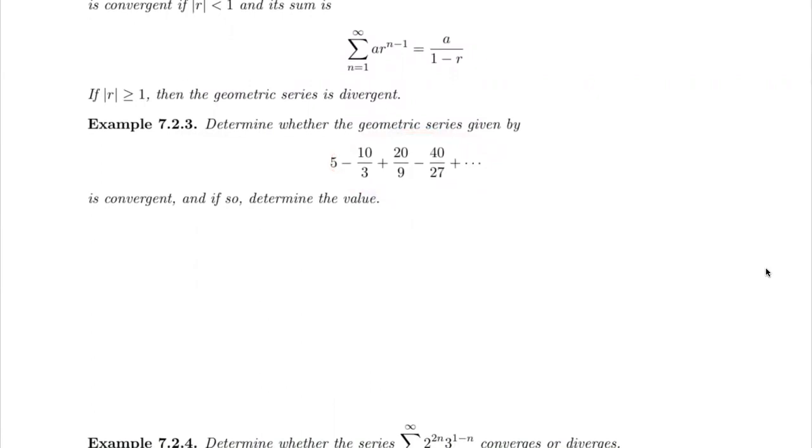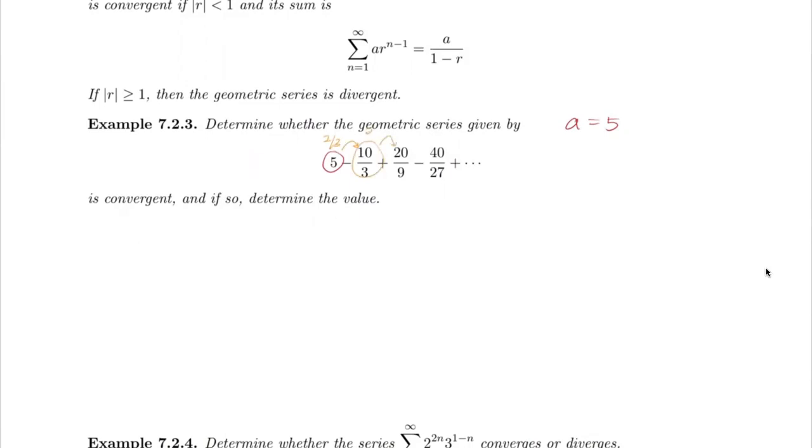First, let us observe that the first number here is 5, so we know that a is equal to 5. Another thing we can observe is that every time we go from the first to the second to the third to the fourth, we're always multiplying by 2/3. If I take this and multiply by 2/3, I get this value over here.